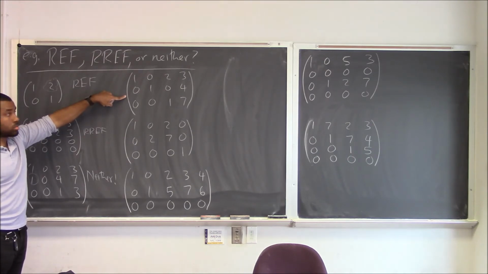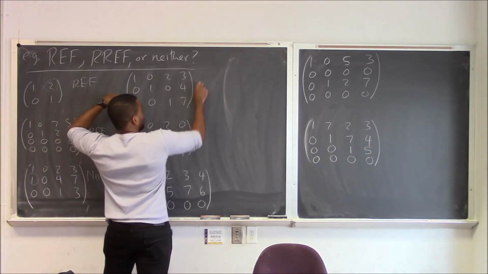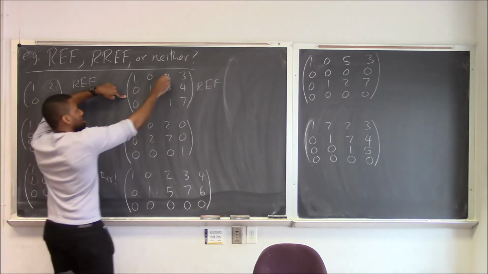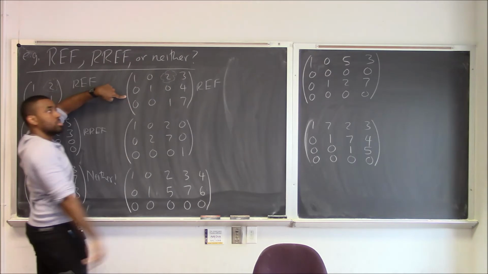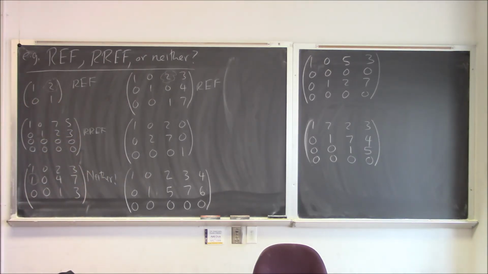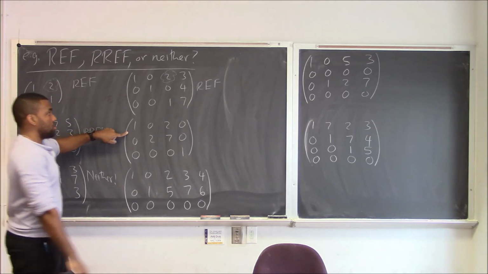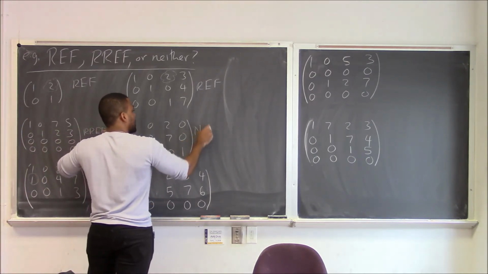Row echelon form? It's row echelon form. Why isn't it reduced row echelon form? Because of this 2. The 2 is always messing up. Next one: neither. The 2 again.